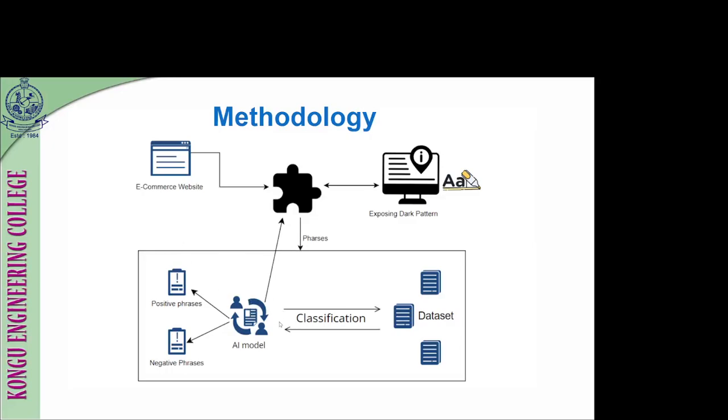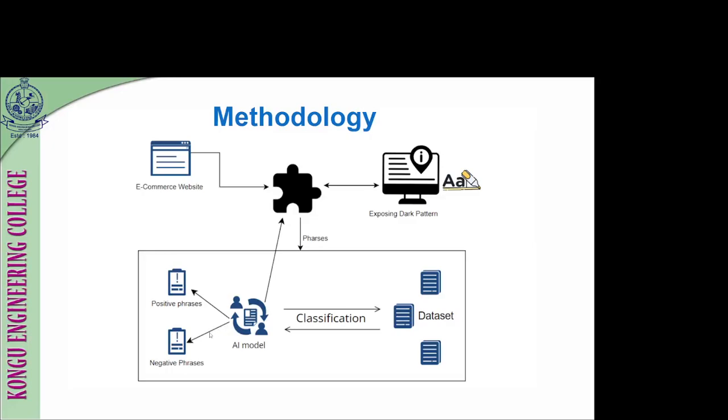In our model, we have an AI classifier model, namely Naive Bayes. Naive Bayes is a very good classifier model for text classification. We have a huge amount of dataset, boosting it again and again for approaching unseen data, and the model will use the dataset for classification.